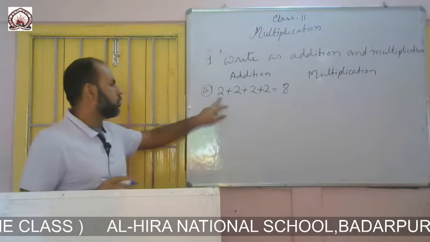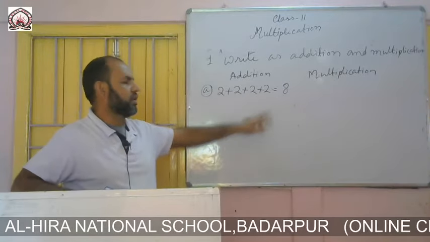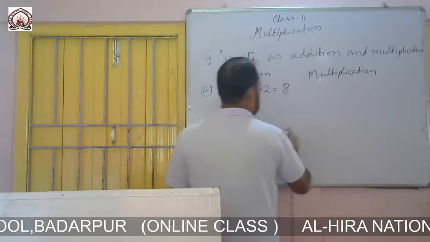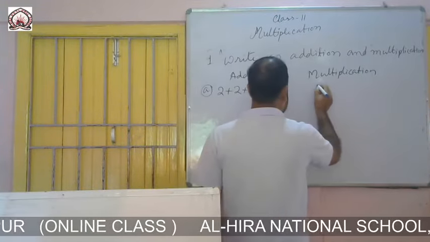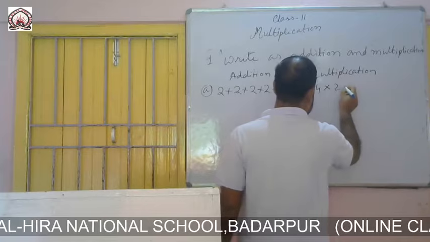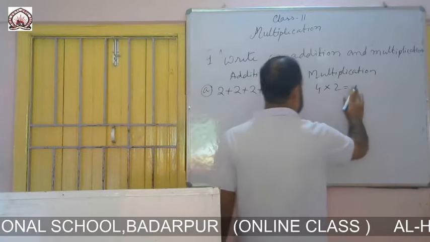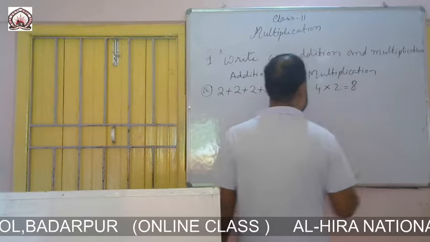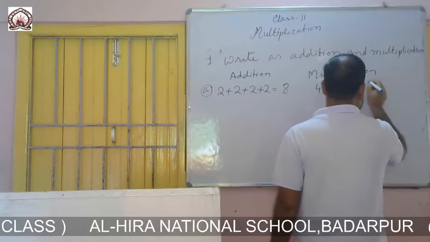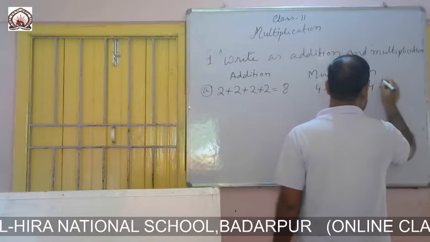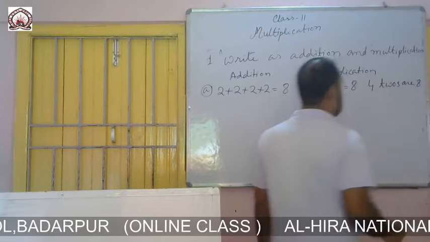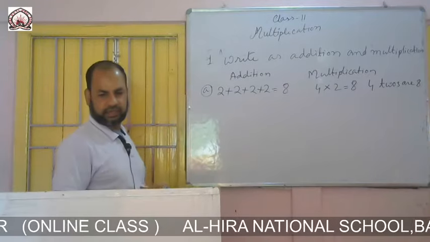Here we get 2 four times. So in multiplication we can write 4 times 2. 4 2s are 8. If we write in words, we write 4 2s are 8.